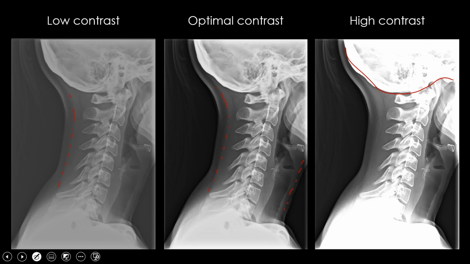If we go look at this optimal contrast, I can make out the sella turcica very, very well, as opposed to that high contrast. I can see the difference between the thicker cortex of the outer table of the skull, as opposed to that high contrast. I can see a little more shades of gray in the vertebral bodies in the optimal contrast compared to the high contrast.